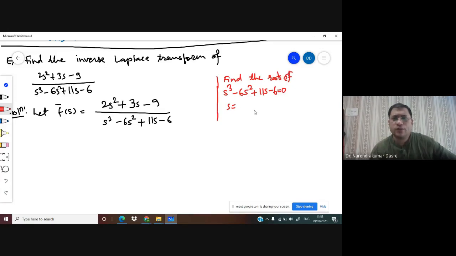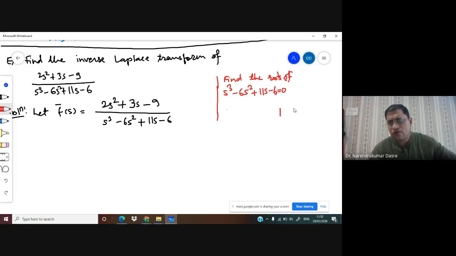There are two methods to find the roots of this. One is by synthetic division. Synthetic division is a trial and error method. Here, to factorize this polynomial, we have to consider the coefficients of all these terms in descending order.